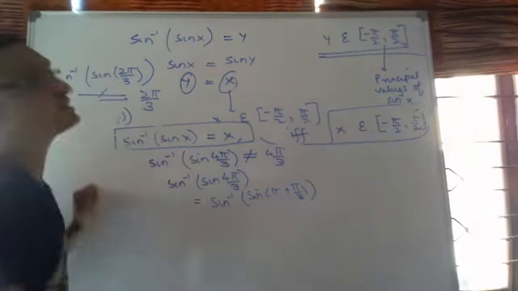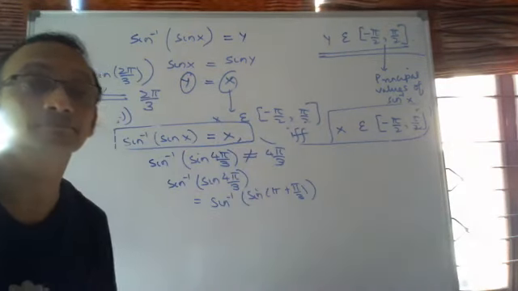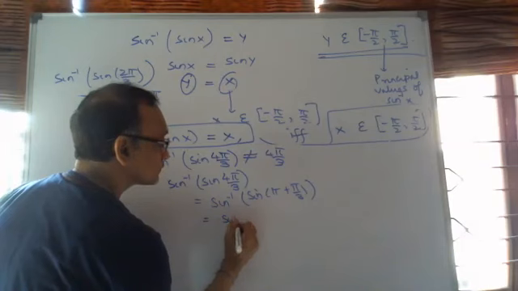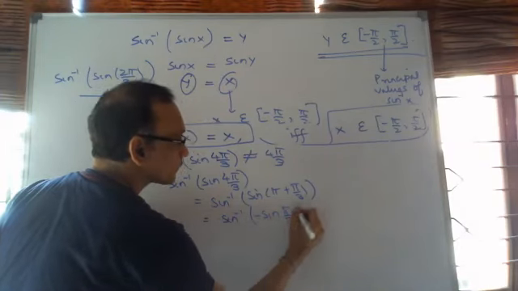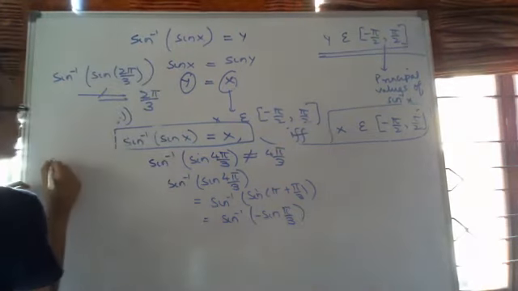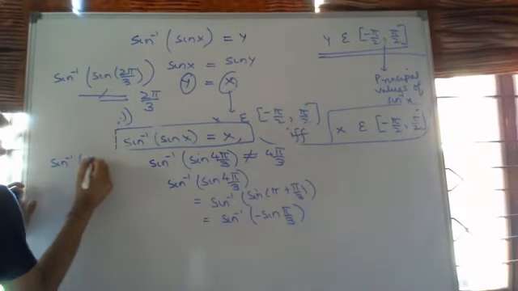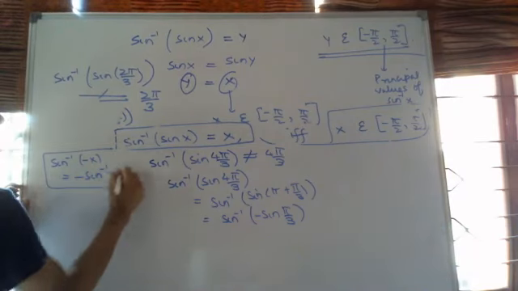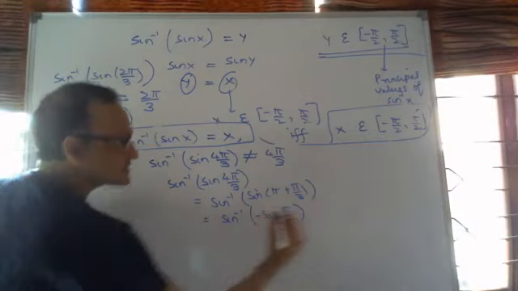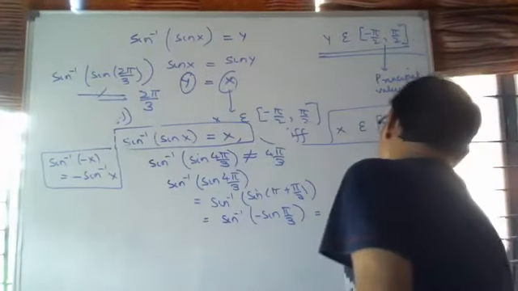But sin (π plus θ) is minus sin θ. And sin inverse of minus x is minus sin inverse x. So sin inverse of minus x I can write as minus sin inverse x.